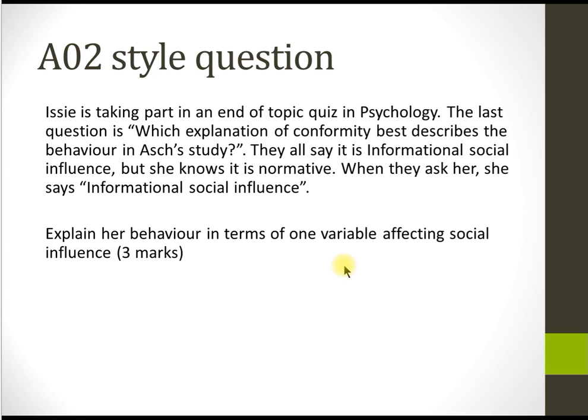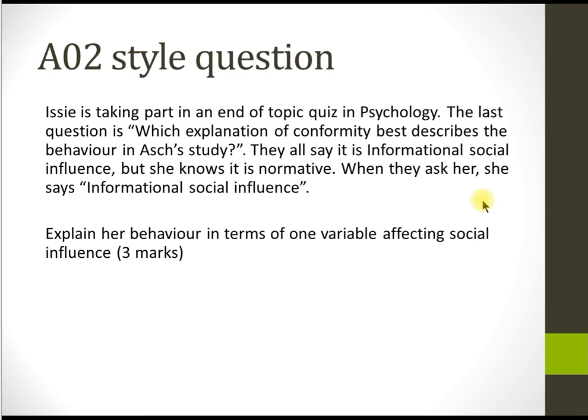So this one's an AO2 style question. Remember, AO2 is all about applying your knowledge, extracting key information from the stem. If you just describe one variable affecting social influence without reference to this stem, you will get 0 marks. So here's the scenario. Izzy is taking part in an end of topic quiz in psychology. The last question is, which explanation of conformity best describes the behaviour in Asch's study?